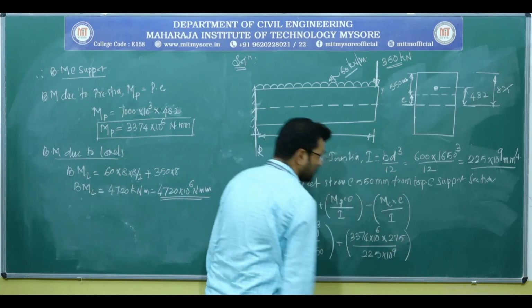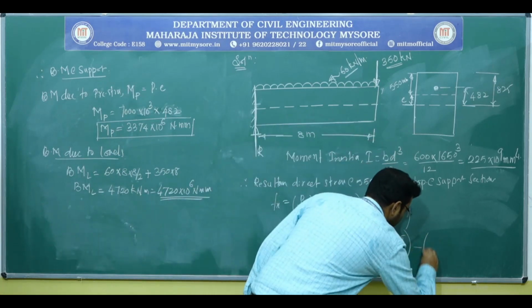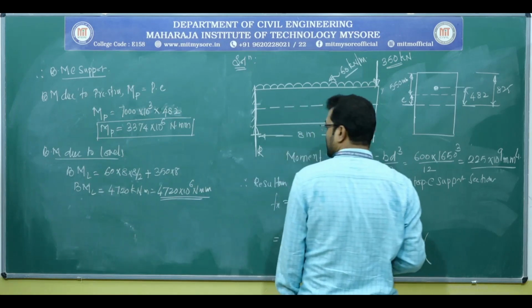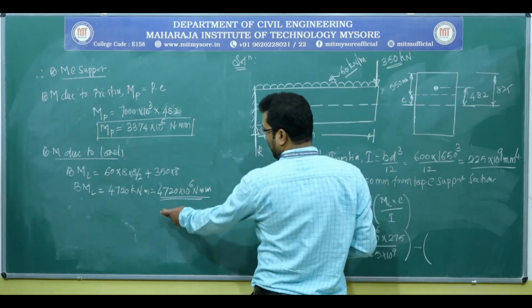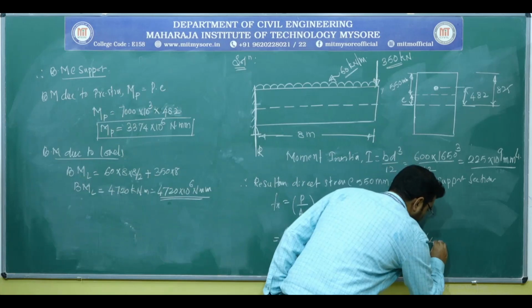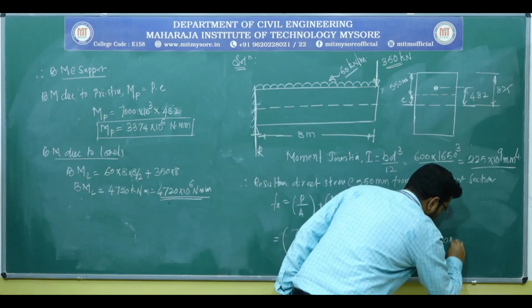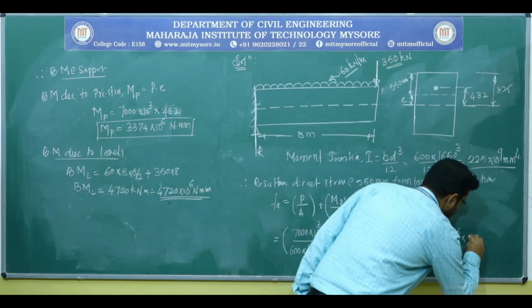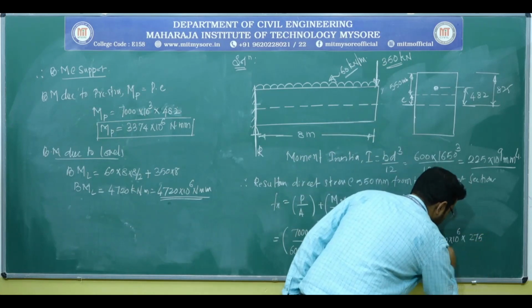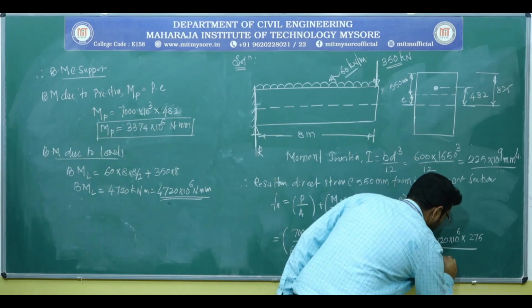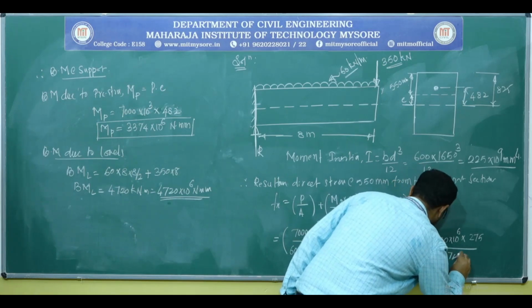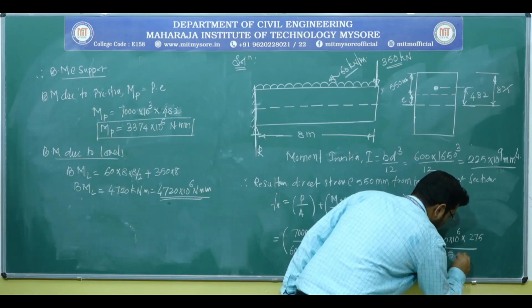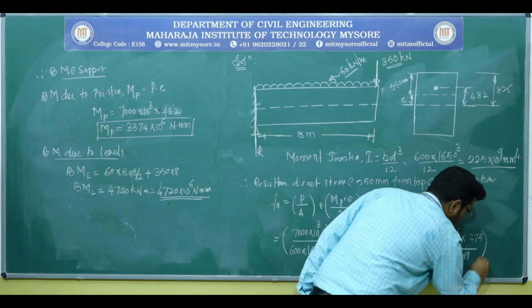Minus the moment due to the loads, that is 4720 into 10 to the power 6, again into eccentricity 275, whole divided by 225 into 10 to the power 9.